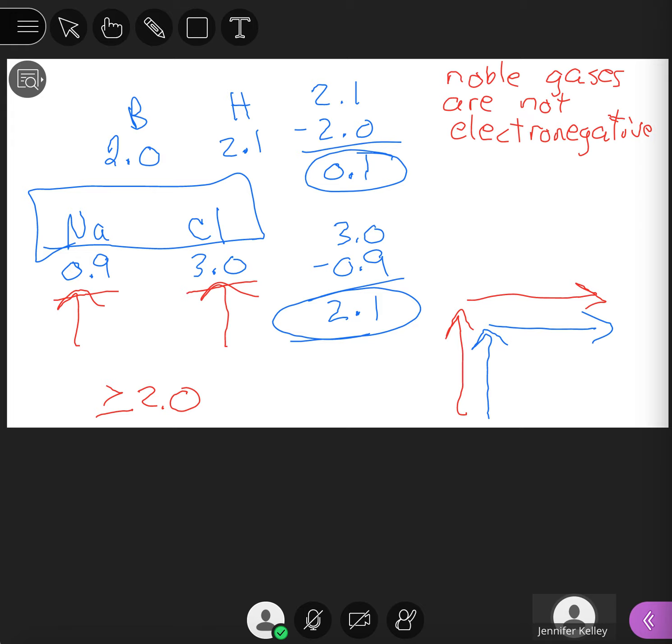Two nonmetals could be considered ionic if over two. Yes. Let me think of an example where they would be ionic. Acids tend to be classified as ionic when you're looking at electronegativity. Not all acids, but a lot of them. So, for example, let's take a look at, well, trying to look.